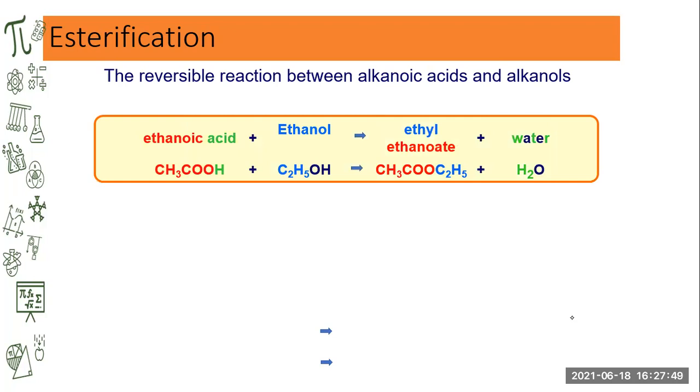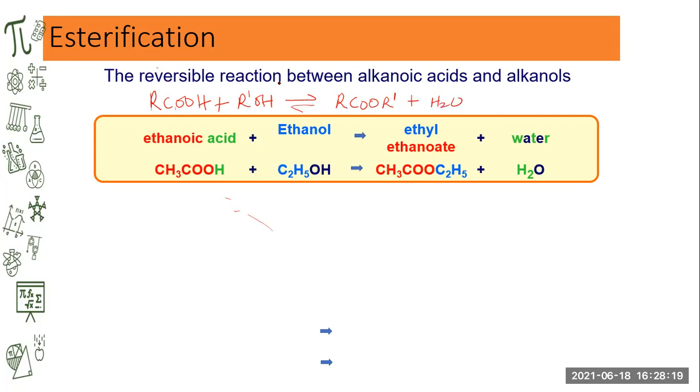We can represent that in a general form: RCOOH reacts reversibly with R'OH to give us RCOOR', let me put a prime here just to differentiate between the R's, plus water.